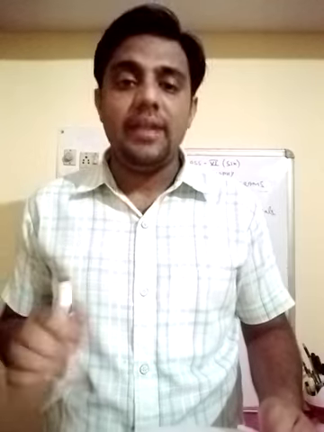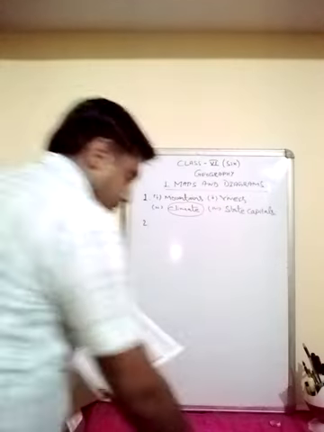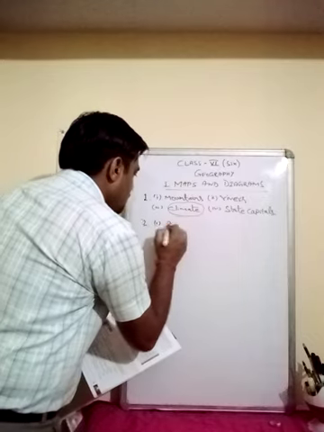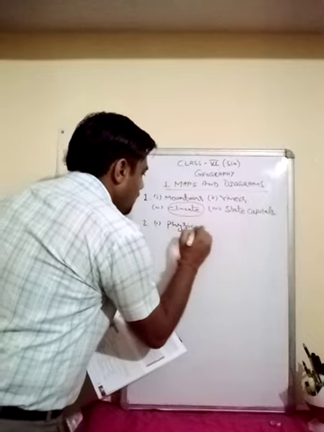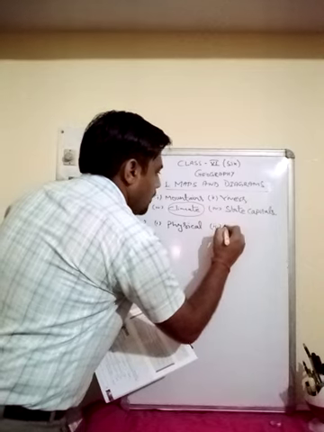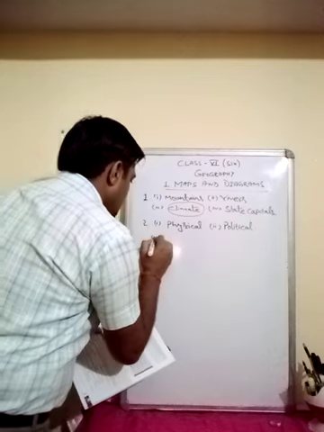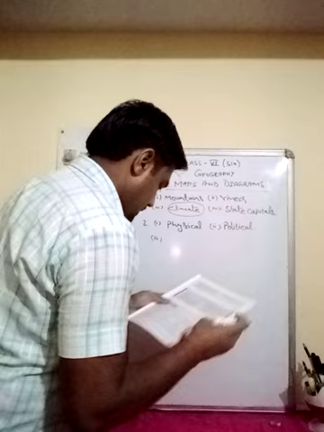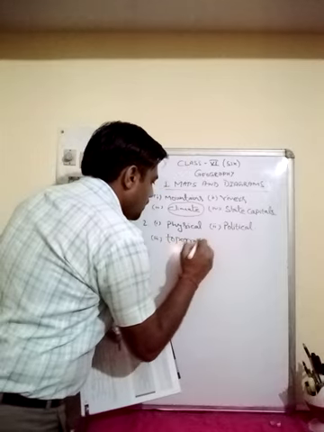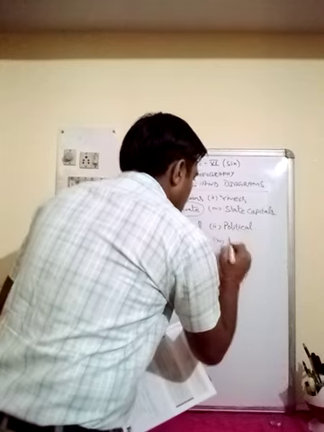Now this map particularly helps surveyors and civil engineers, and the clues given are 1, physical. 2, political. 3, topographic. And 4, thematic.